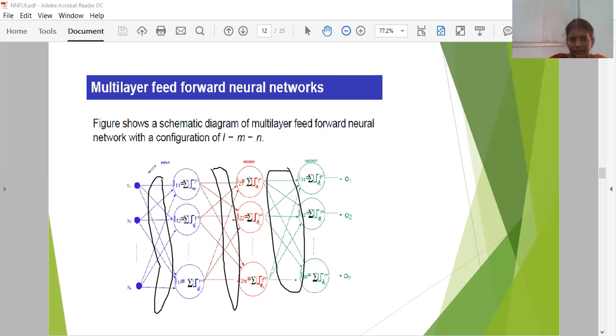So here W1N, if you are having 1L. Okay, here maybe WLM, WMN. That many sets of weights you need to consider in the multi-layer feed forward network.